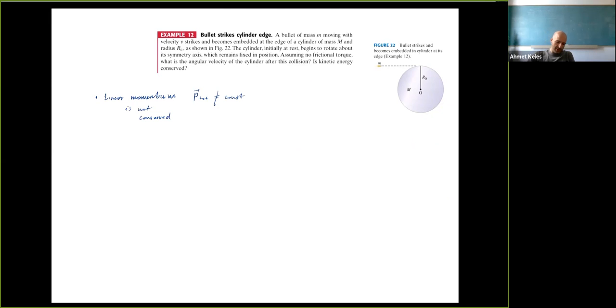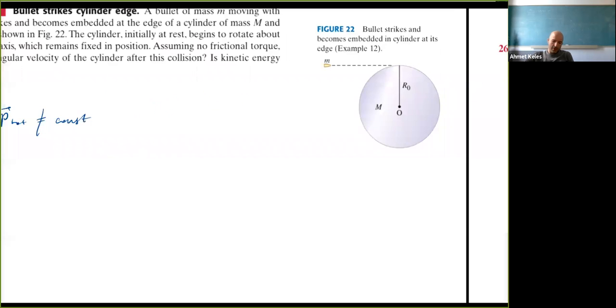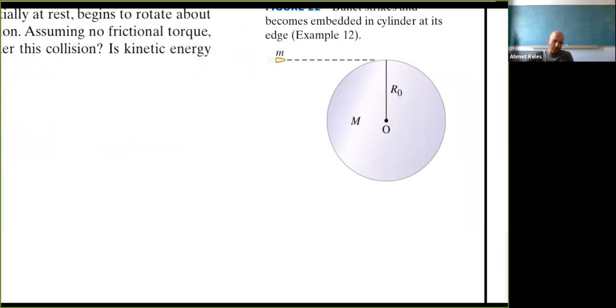Now let's come to angular momentum. Is angular momentum conserved? Yes. Why? Exactly. There is no torque. The only force could be from that fixed point.